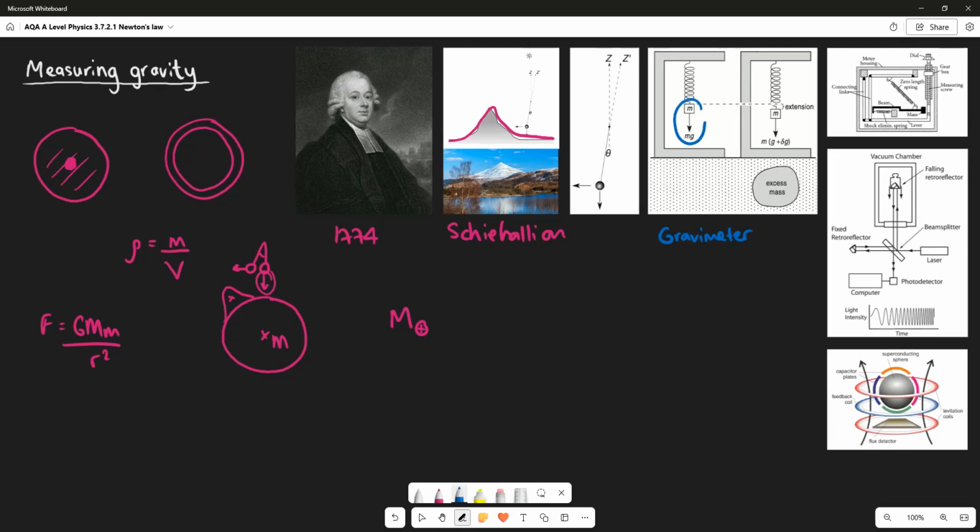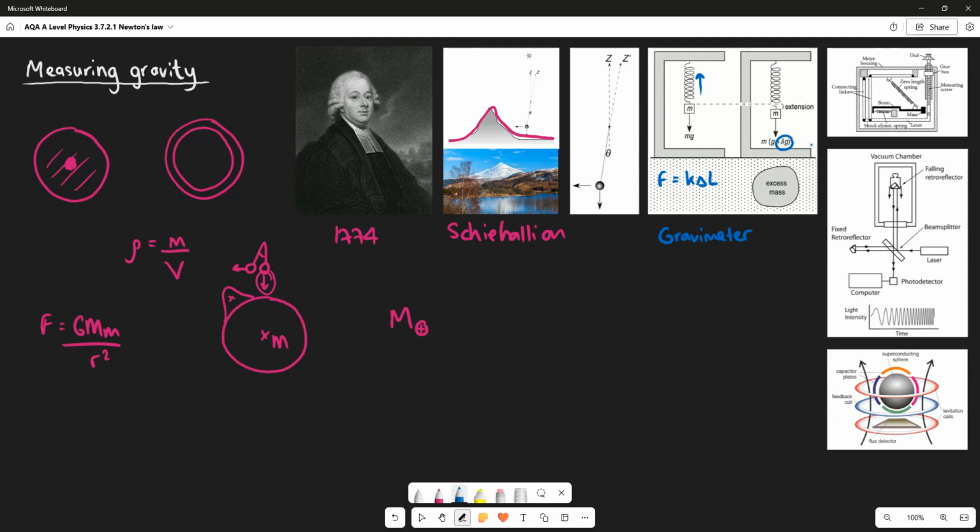We have a spring here, and the force on that spring is the spring constant times the change in length. The spring is pulling the mass upwards, and the mass is being pulled down by its weight. If you move the equipment above an area of the Earth that has a slightly denser region, then you would expect the mass to be pulled down slightly more than it usually would because of this excess of mass and excess of gravity.